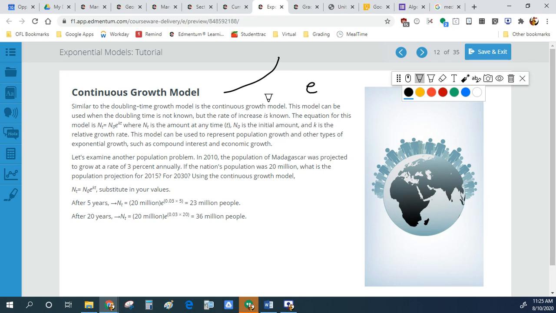So for example, instead of saying it grows by 25%, having to do 1.5 as your base and then doing your t over n, I don't know why I did it backwards, you'll literally just have your P, your e, and the rate of increase.